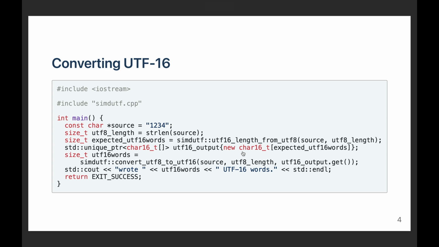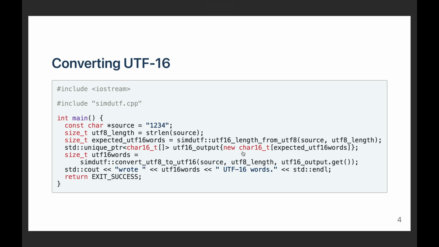So in this case, I allocate my memory using a new call, and I store the result in a unique pointer. That's all standard C++. Then I call the function convert UTF-8 to UTF-16. Again, I'm using a source pointer, a length, and then I provide an output pointer. I'm responsible as the user of the library to make sure that the output pointer points to a sufficient number of bytes.